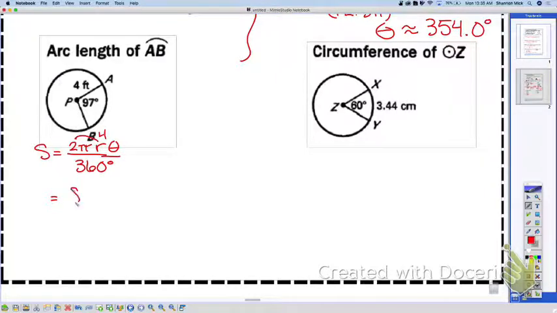So 8 pi times 97 over 360, correct? We need to reduce this, so 4 goes into both 8 and 360, yes? So I get 2 and I get 90. Well, 2 goes into 90, doesn't it? 45. So S equals 97 pi over 45. And that would be feet, correct?